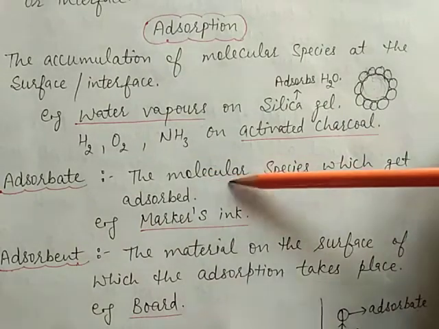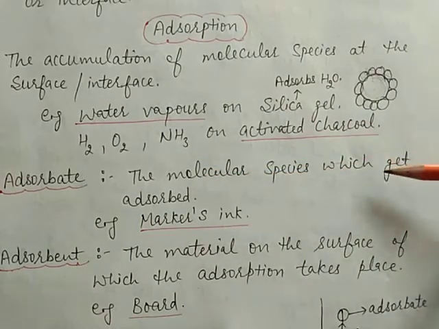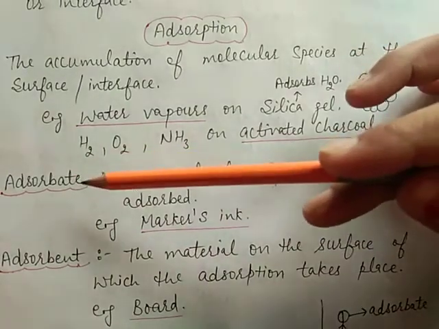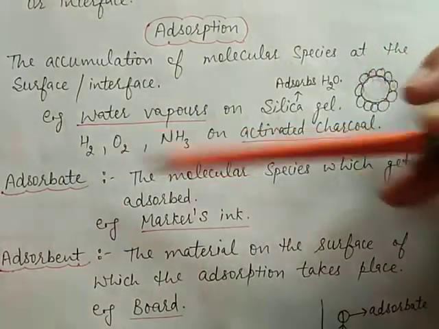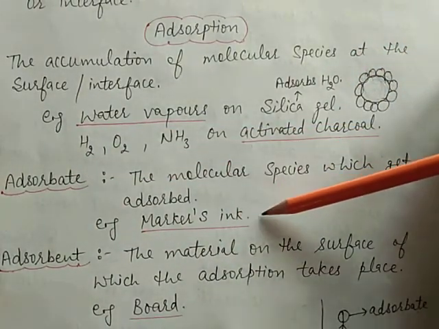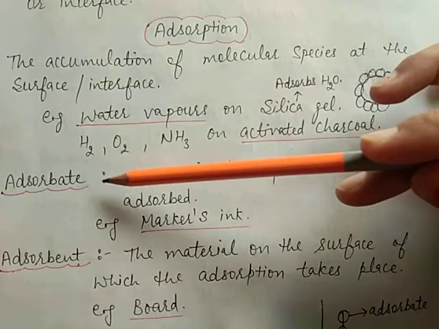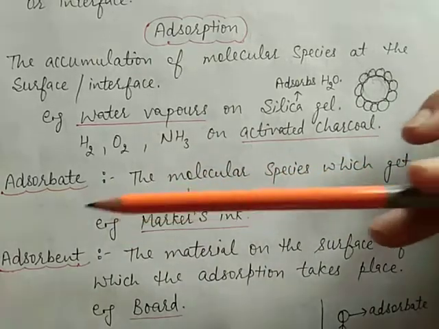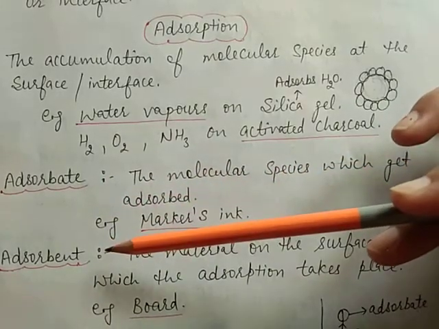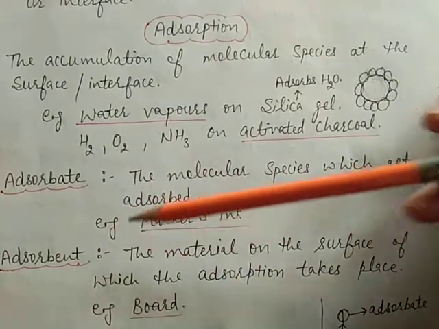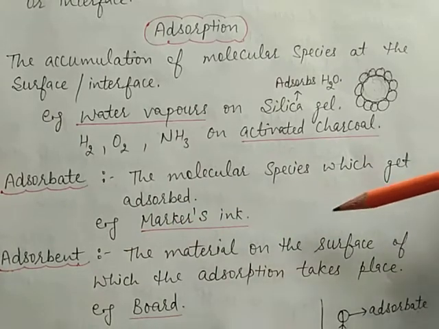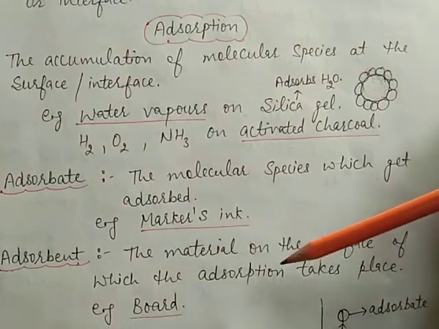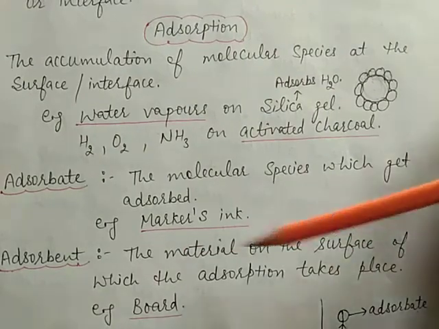Means the molecular species which get adsorbed is called adsorbate. It means marker ink or chalk, these are adsorbate. And what do you mean by adsorbent? Means the material on the surface of which the adsorption takes place.